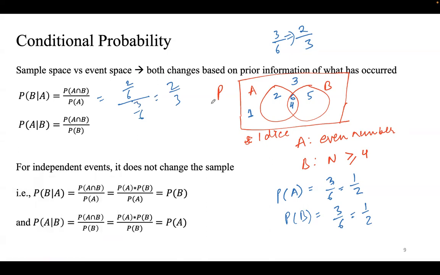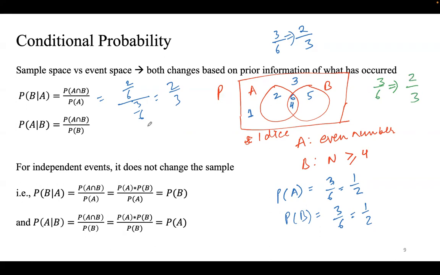So now this means that B has occurred and we want to find the probability of A happening once B has occurred. Initially, the probability of A happening just on its own was 3 by 6. But now B has occurred, so 4, 5, and 6 are there. This is not a really good example because it will again give us 2 by 3.